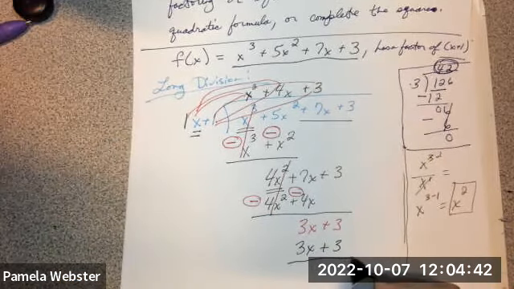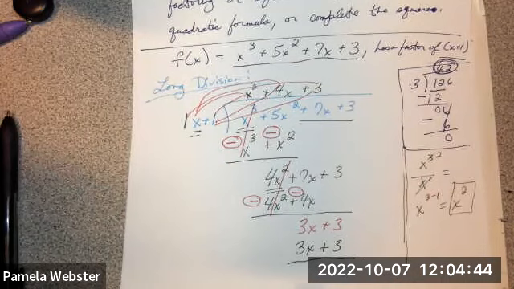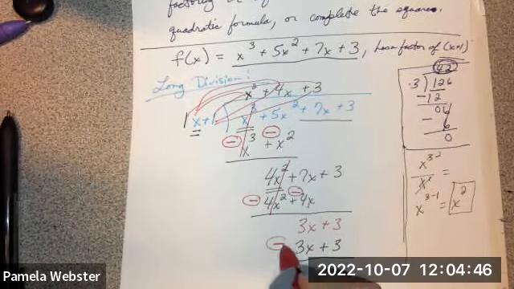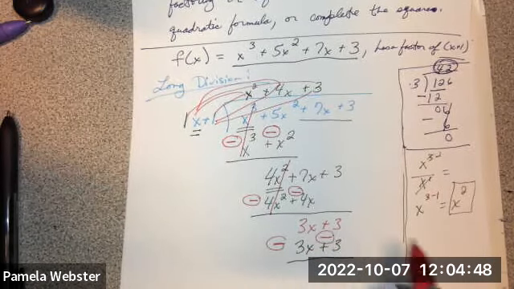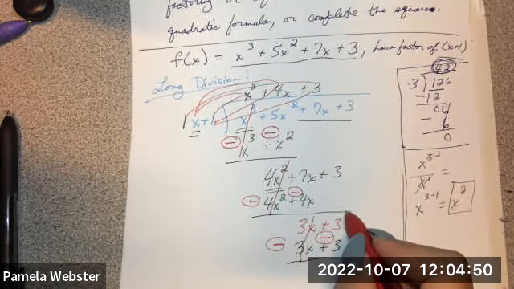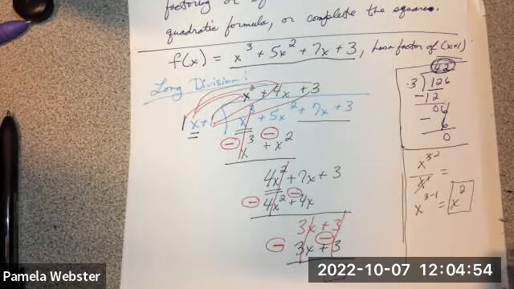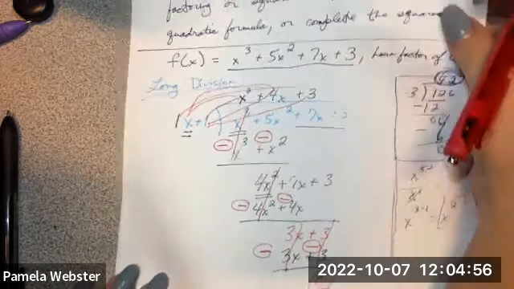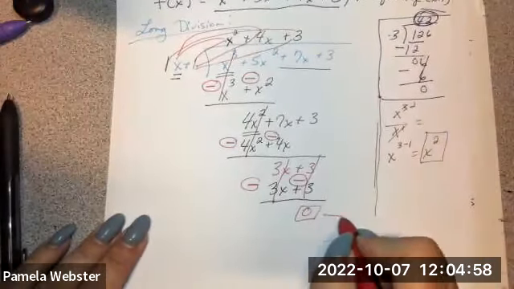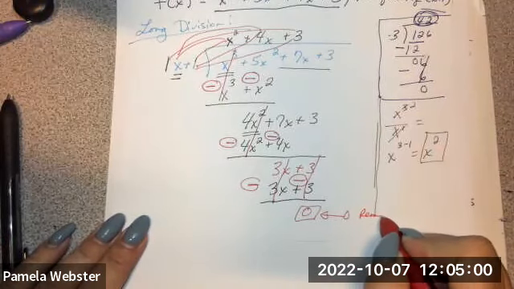And look at that. Hopefully we get exactly something like that. When I subtract, remember to change both signs. Both of these will go away. Okay, then I get a 0. If I get a 0, 0 remainder means what?